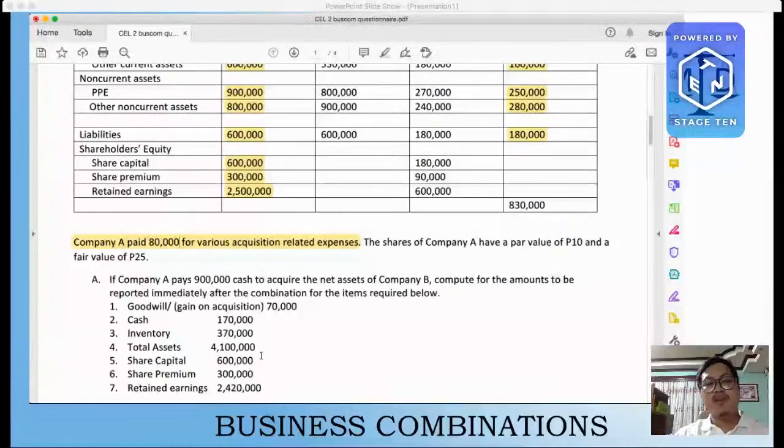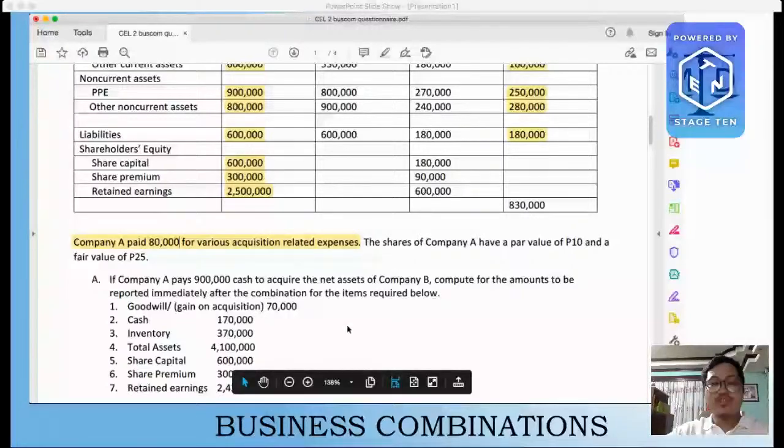If it's paid by the acquirer, then it would be an addition to the cost on the part of the acquirer. So again, that's not something new. That's the same as your PFRS 9. Bond issuance cost, you can just look at it this way, class.